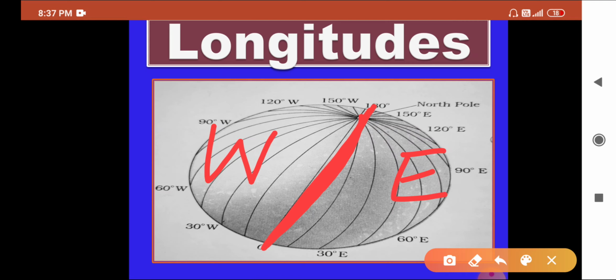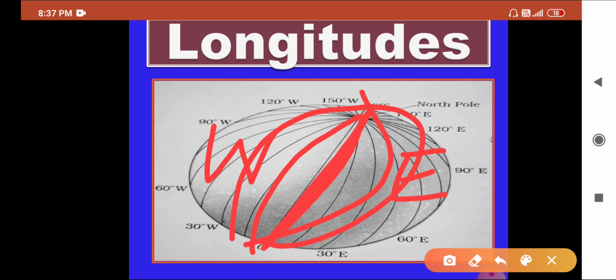Second thing which you have to understand, that longitudes are vertical lines. You can see here all are verticals coming from top to bottom. And the fact is they are joining the poles, both the poles. They are not parallel, they are joining each other.